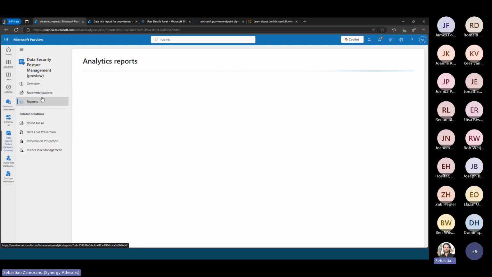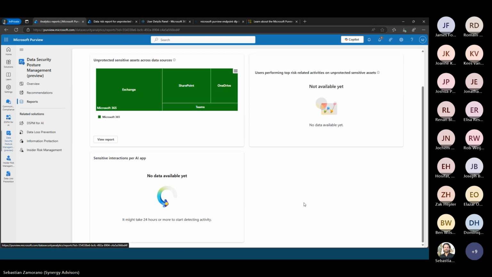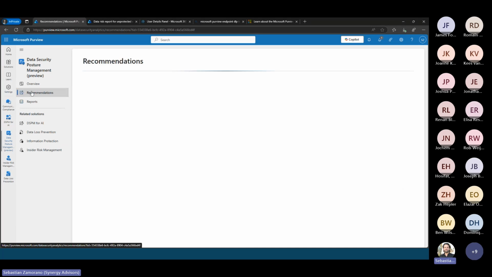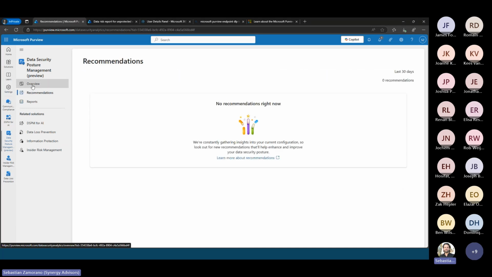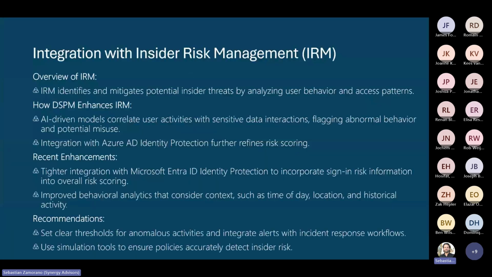Unfortunately I failed on that. We will see that we are able to create the recommended policy in Microsoft Purview DLP or insider risk management. That is in general, and let me go back to the diagram.